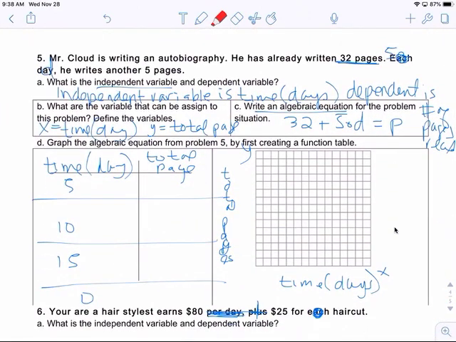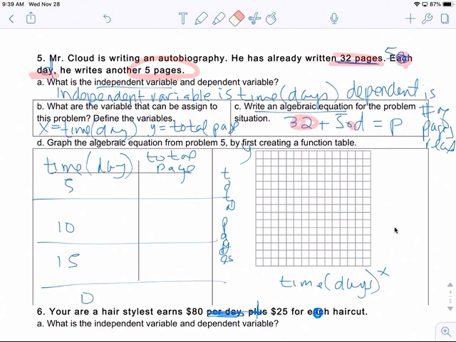Okay, same thing here. I'll do this with you here. Mr. Cloud is reading, he's already read 32 pages, so 32. Each means times the number of days, and there's the 5, so he reads 5 pages per day. So that's the equation.